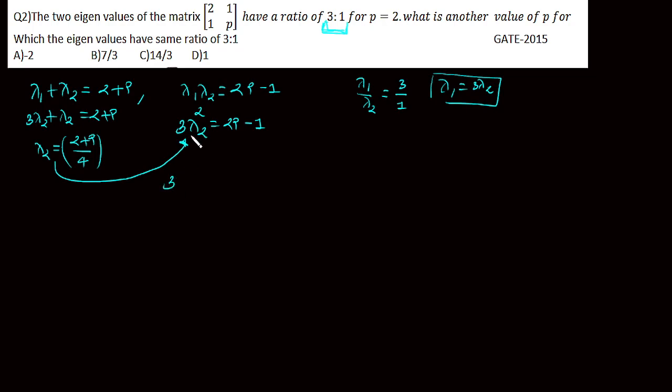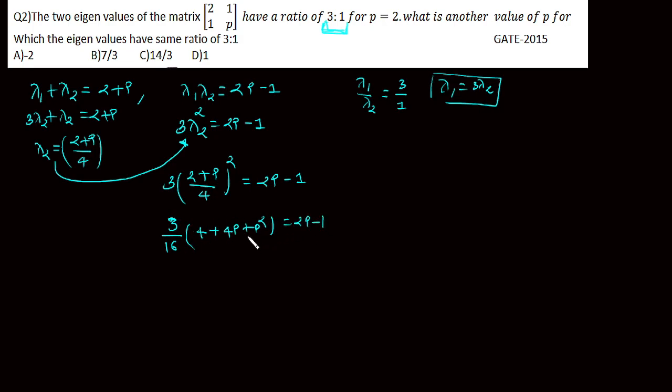So here 3 as it is. Okay, we have to square this term, 2 plus p by 4 whole square equal to 2p minus 1. So let's square it. So here 3 by 16, 4 plus 4p plus p square equal to 2p minus 1.